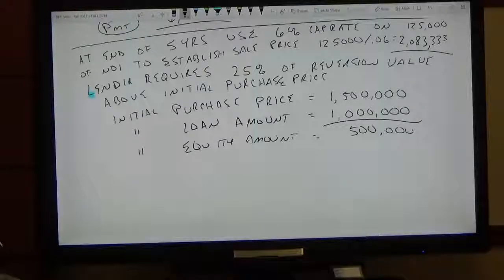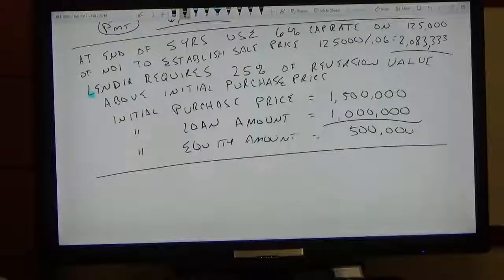Yes or no? Now, what this lender is saying they want is 25% of the reversion value above the initial purchase price.